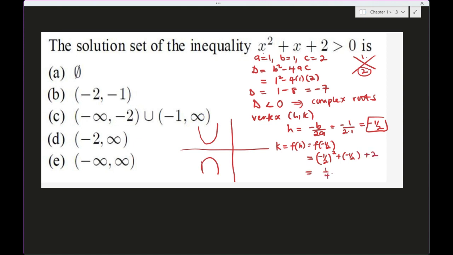This gives 1 over 4 minus 1 over 2 plus 2, which we can write as 1 over 4 minus 2 over 4 plus 8 over 4. So k is just going to be 7 over 4. I think this is 8 over 4, not 8 over 2.